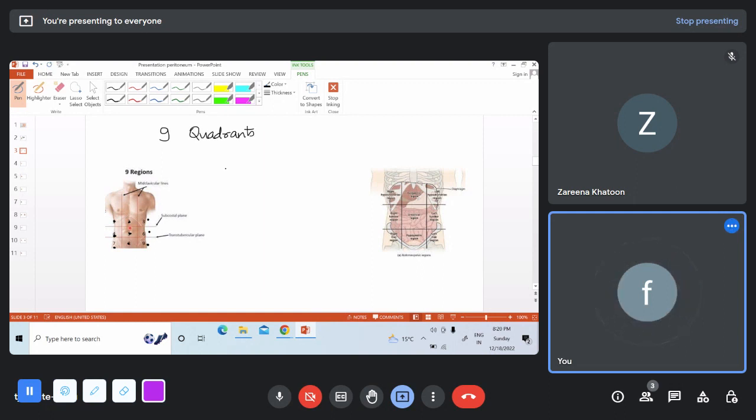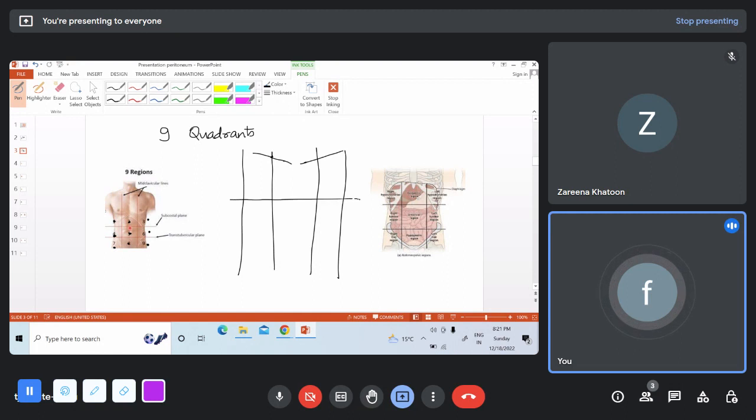All right. See, if this is your abdomen, okay, if this is the clavicle, there is a vertical line passing from the middle of the clavicle. So, this line is called as mid clavicular line. Okay. Then below the costae, that is below the ribs, we have one horizontal line.